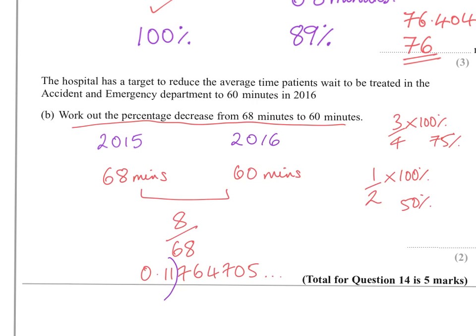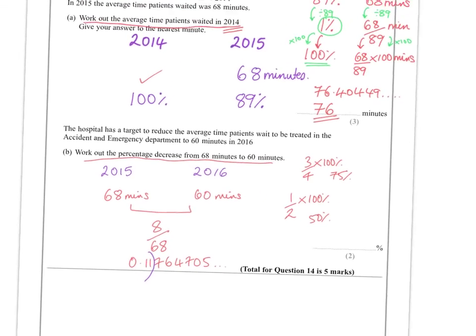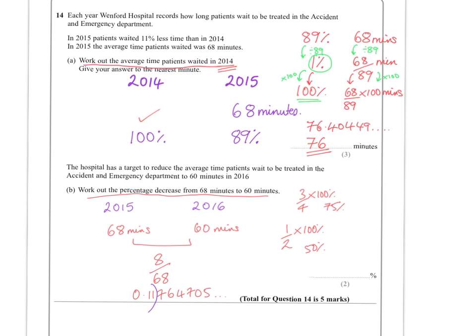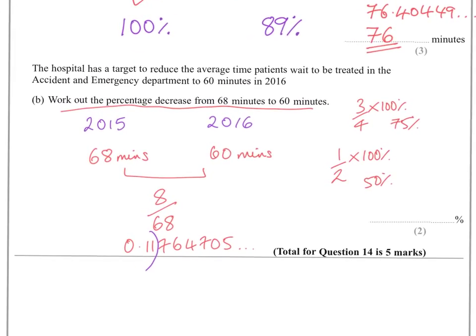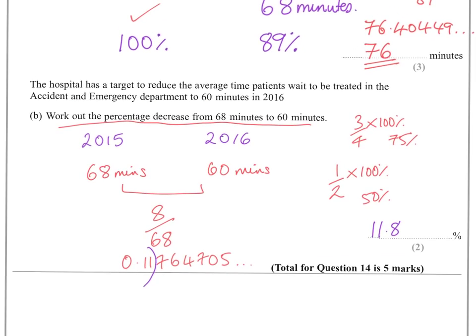So in this case, I'm just trying to see how many decimal places it wants it to. It doesn't say, so I'm going to write it to maybe 1 decimal place, and let's have a look. So we'd have 11.8% to 1 decimal place. I'll just write that here.